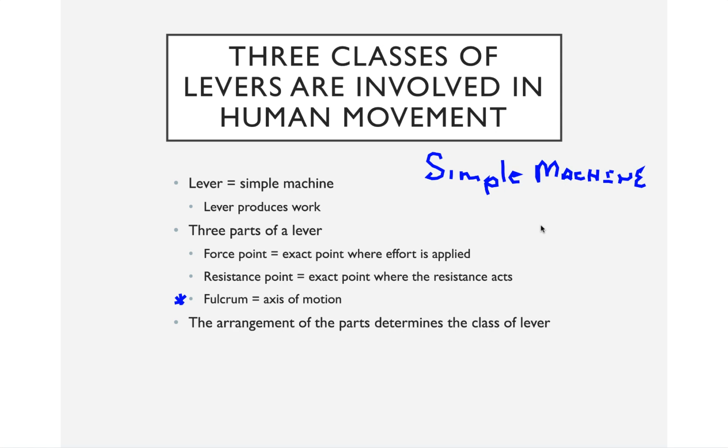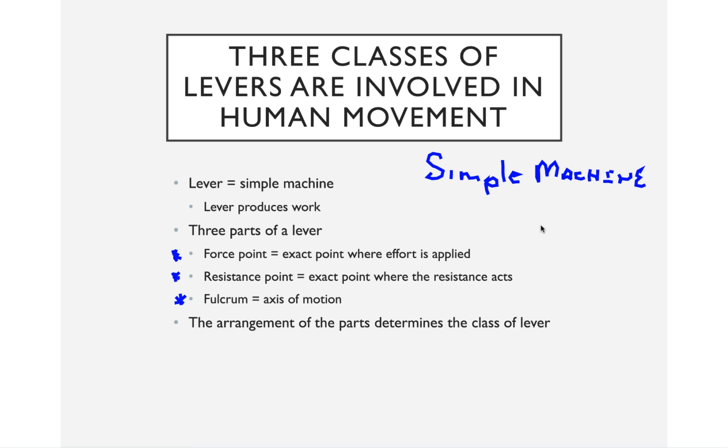When we talk about the axis, this axis rotates, and it's based upon the force that is applied to cause the movement, and that movement always happens against a resistance. That resistance is a load or a weight.